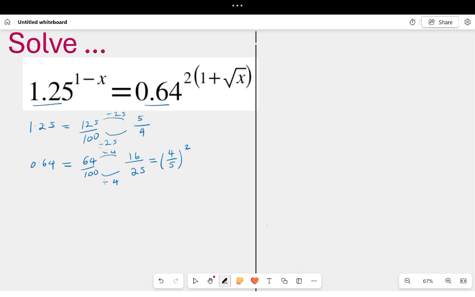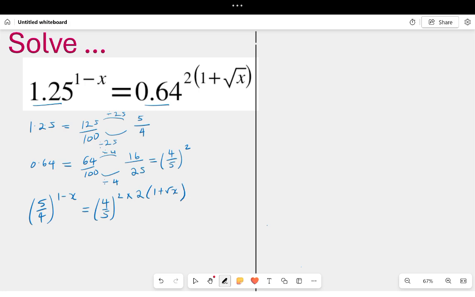Now we are going to rewrite the above equation using these new fractions that we have obtained. Now 5 over 4 into brackets 1 minus x is equal to 4 over 5 squared times 2 the square root of 1 times 2 into brackets 1 plus the square root of x.